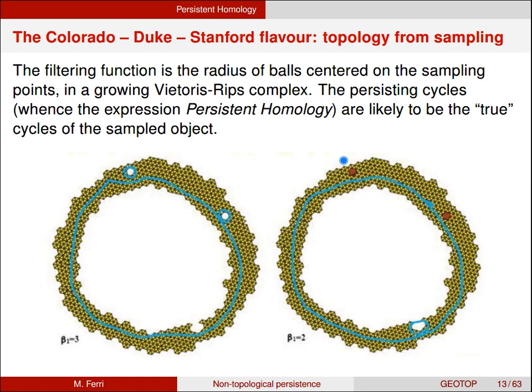Okay. They had another idea. They wanted to know the true topology, meaning how many real holes you have in an object, but just knowing a point cloud sampled out of the object, okay, which is quite normal.